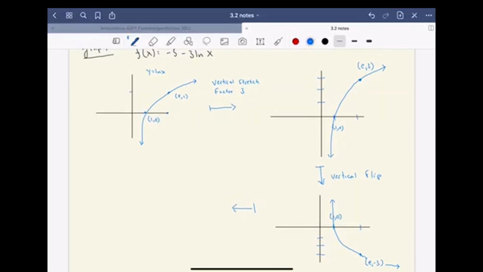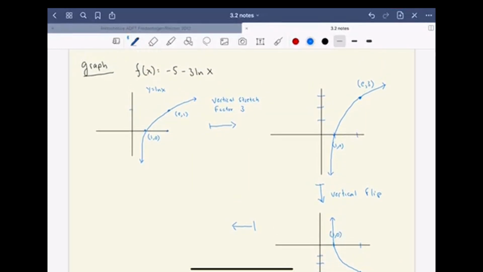Last piece, we're going to do a vertical shift down 5. Okay, so that's going to change even how we draw everything from the beginning.